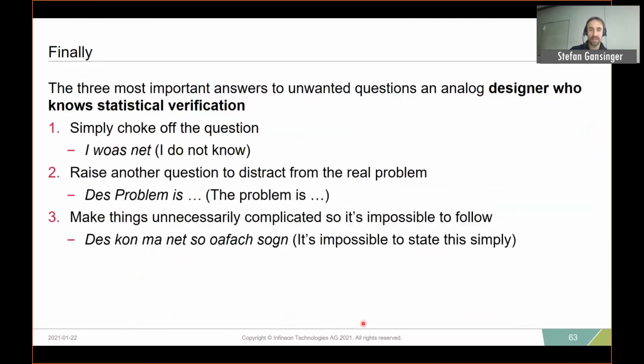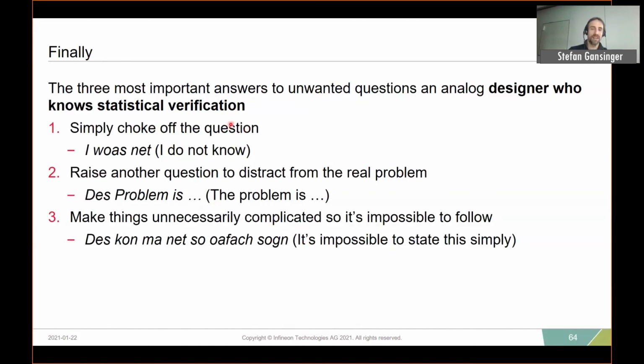Coming to the end, I said in the beginning there is going to be a quiz. If you remember, I introduced the 3 answers to unwanted questions an analog designer has to know. And the question now is, what are the answers for an analog designer who knows statistical verification?